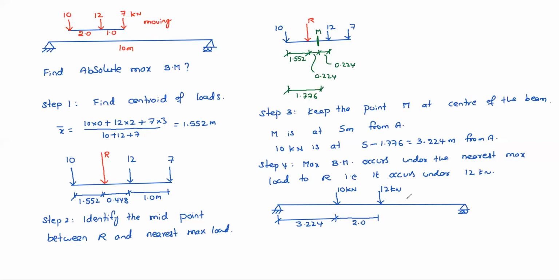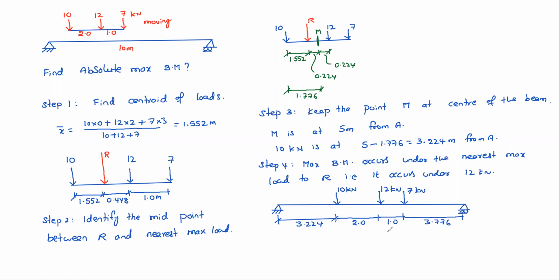Then 7 is 1 meter. So remaining how much? 10 minus 2 plus 1, 3, minus 3.224, it is 3.776 here. So obviously we get maximum bending moment under 12 kilonewtons here.